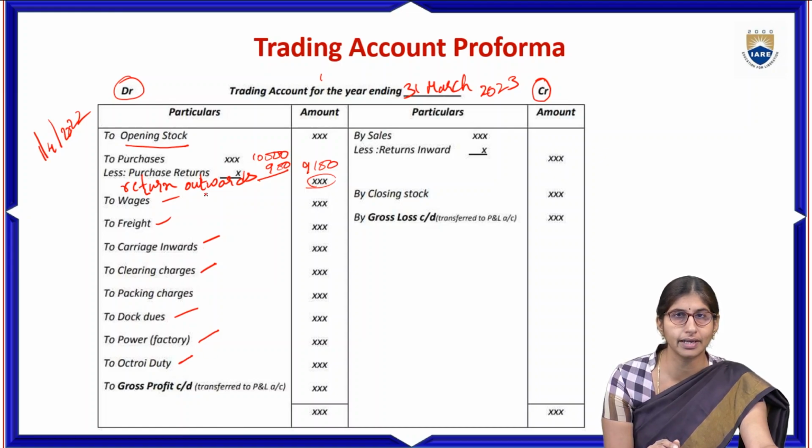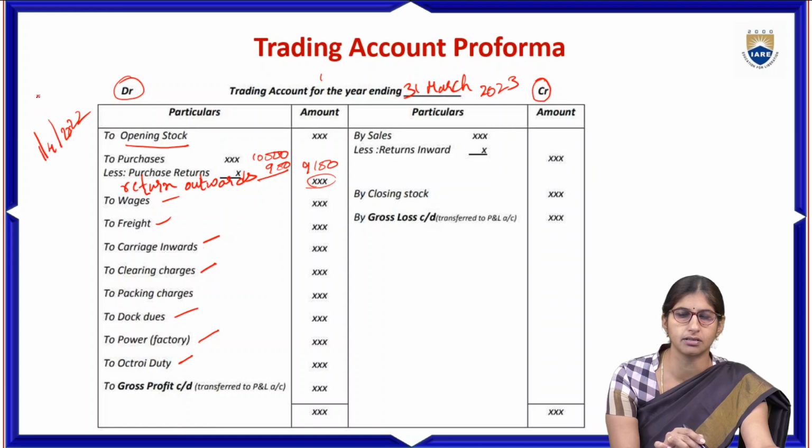All these are expenditure except the first two. The first one is opening stock. Whatever stock is left over from the past year, on 31st March 2022, we carry forward.